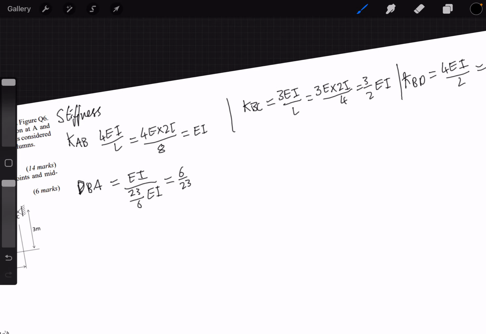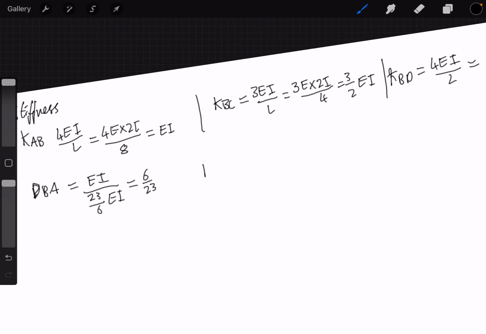Let's do the same for DBC. It's the same way to work it out. We're just doing the ratio compared to all the stiffness that we've already calculated. It's 23 over 6 EI, which gives us 4 over 23.